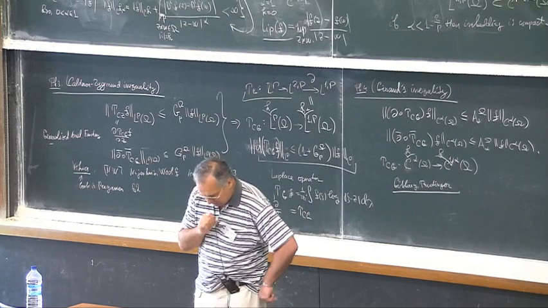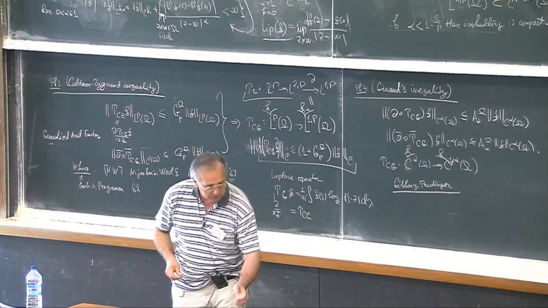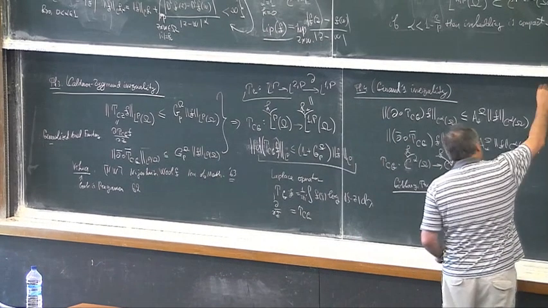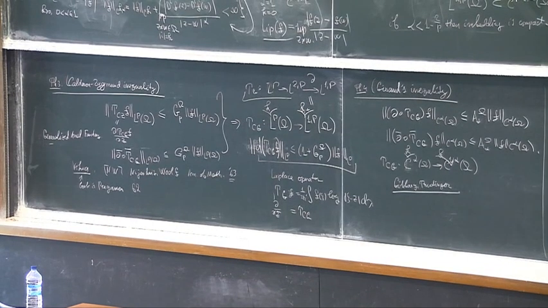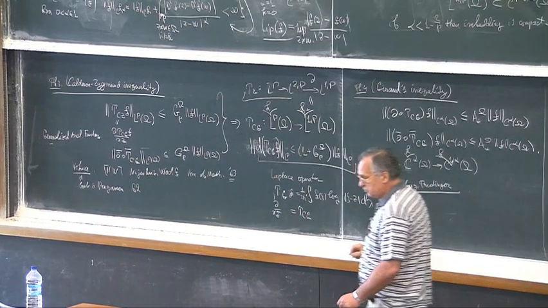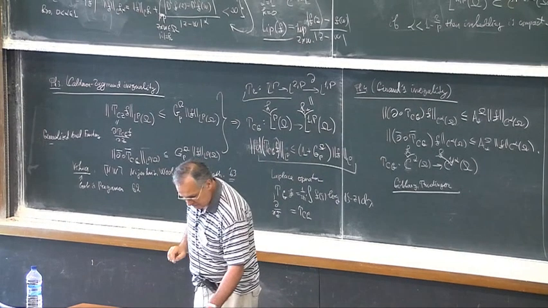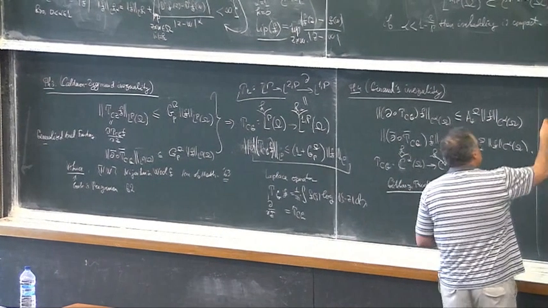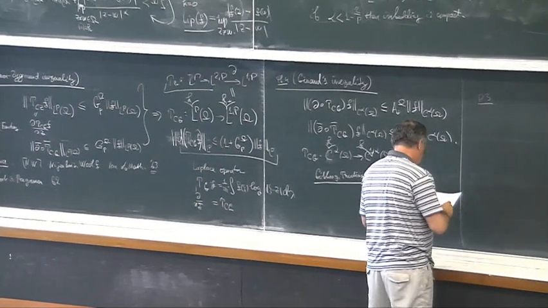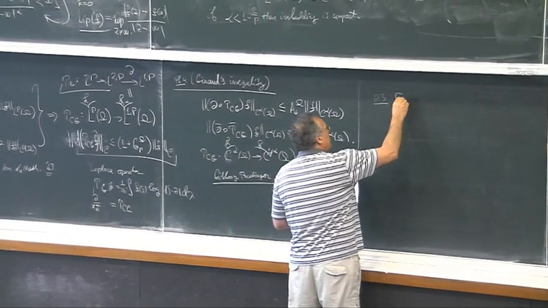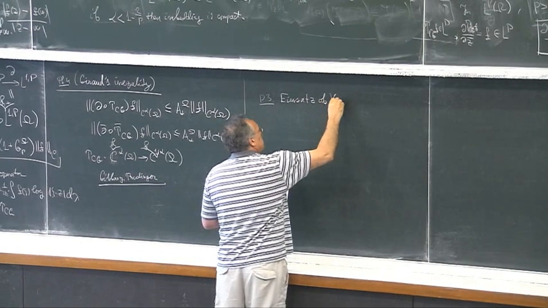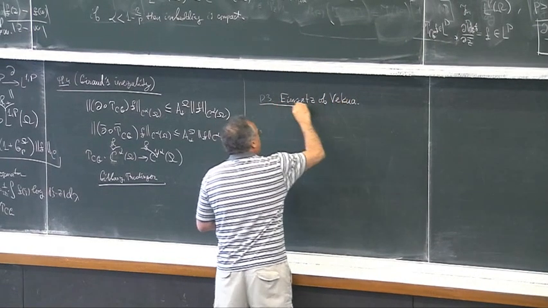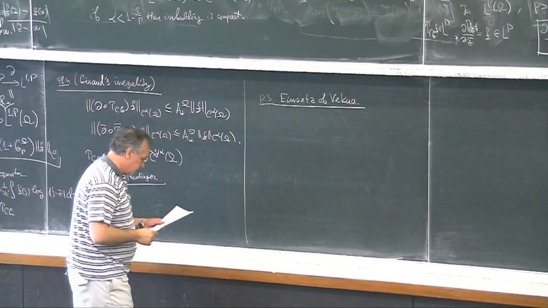Now let me give the first application. All this machinery I need, as I told you, to find solutions to the Beltrami equation, and later to find pseudoholomorphic curves. So the third point I would call the Ansatz of Vecua theorem.